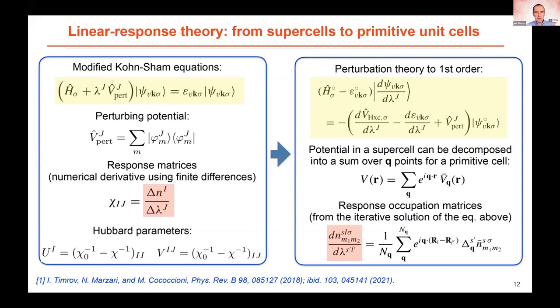And instead of using finite differences, as in the pink rectangle on the left, now we actually don't use finite differences. It's really the analytical expression for the change of the occupations, dn over dλ. It's written as the sum over q components, some phase factor, and Δq of n, which are the response objects computed in the primitive cell at different q perturbations. And that's it, essentially. That's the main idea.